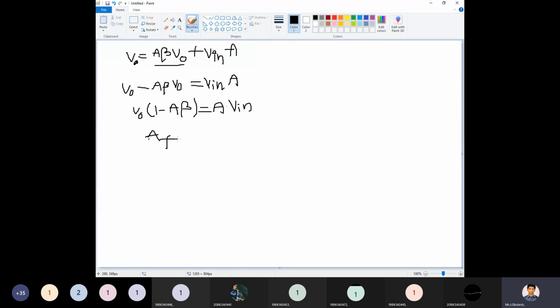AF is nothing but the passband gain, equal to V naught by V in. You know that formula. V naught by V in is equal to A by 1 minus A beta. From the above equation only we are doing this simplification.